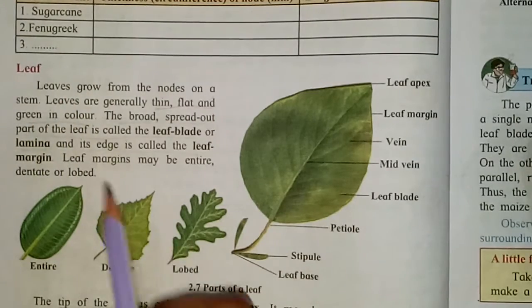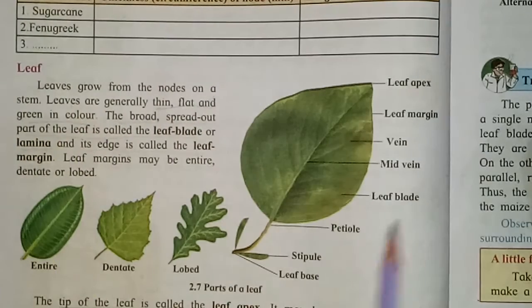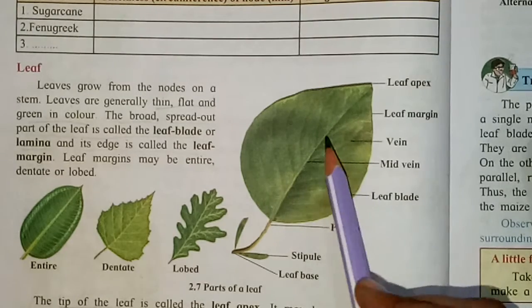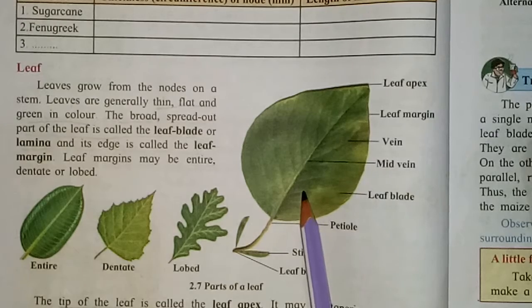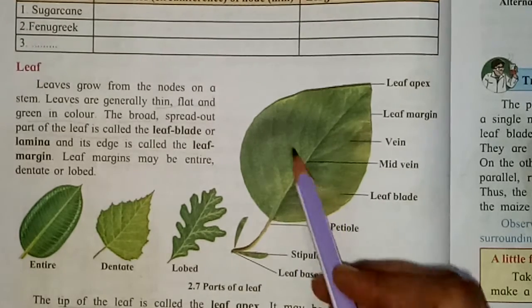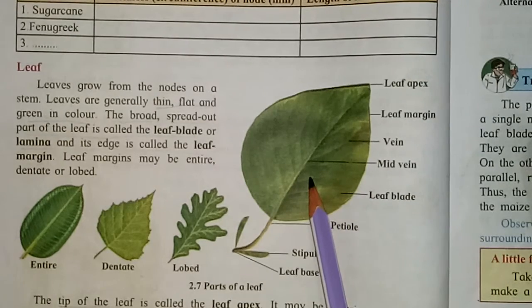They are generally thin, flat and green in color. When you see plants and trees, you have noticed that leaves are mostly green in color, with a thin, flat body.